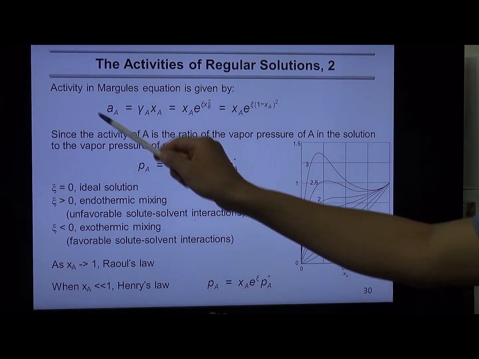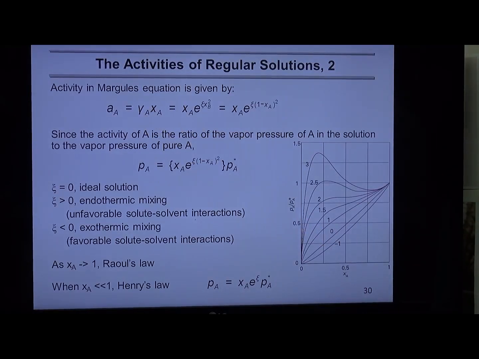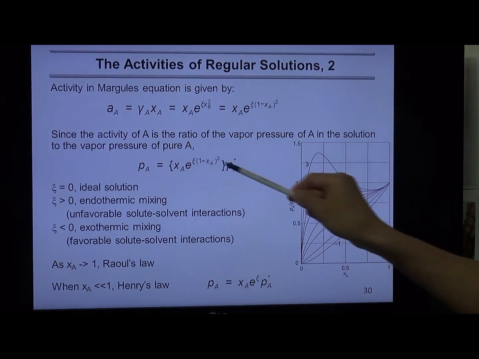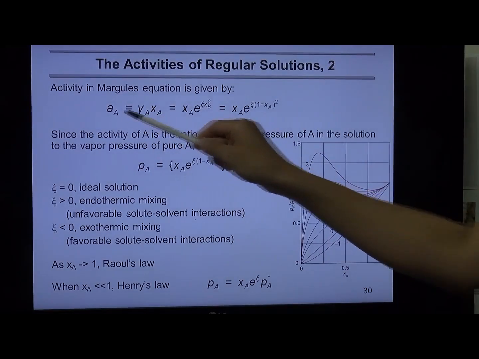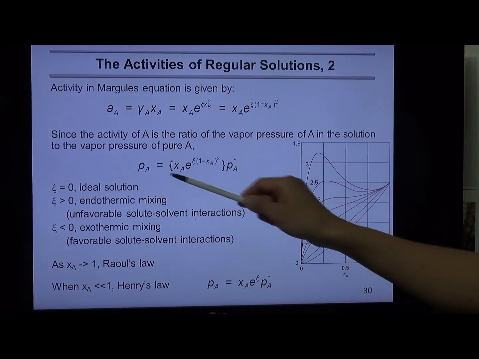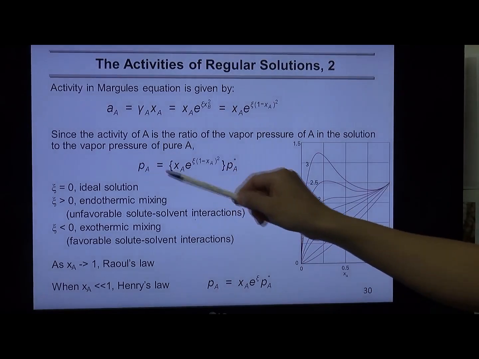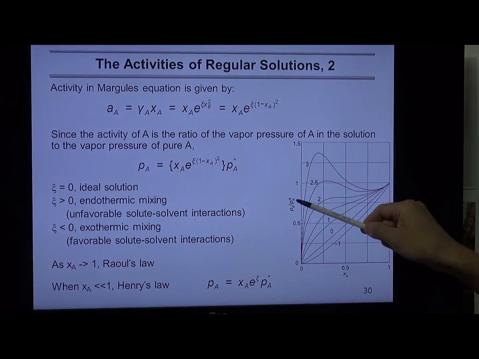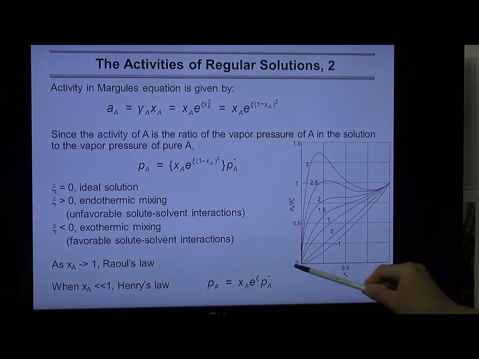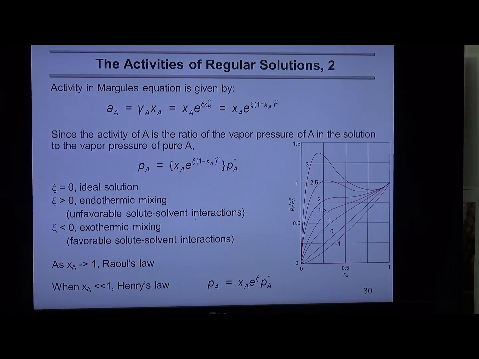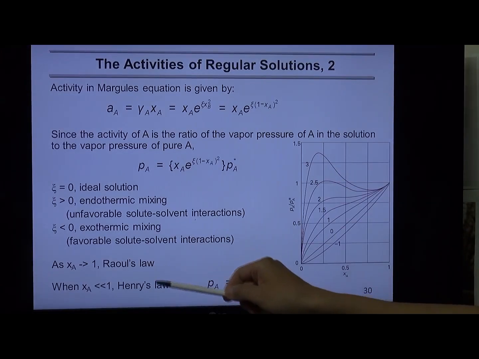Then activity is basically defined as PA over PA star, so we can express PA as this. And we can simply draw PA over PA star, or activity, as a function of composition. And let's see if this regular solution behavior follows the limit, Raoult's law or Henry's law.